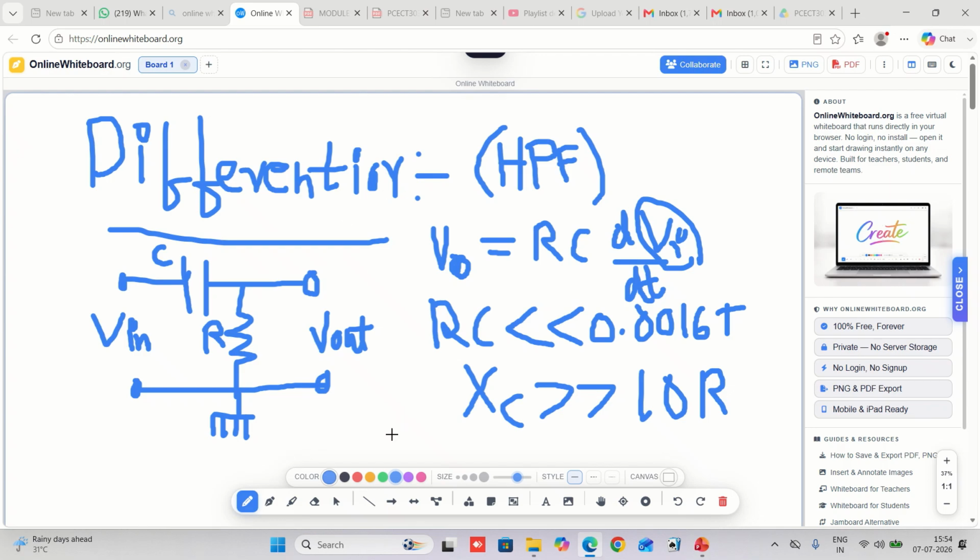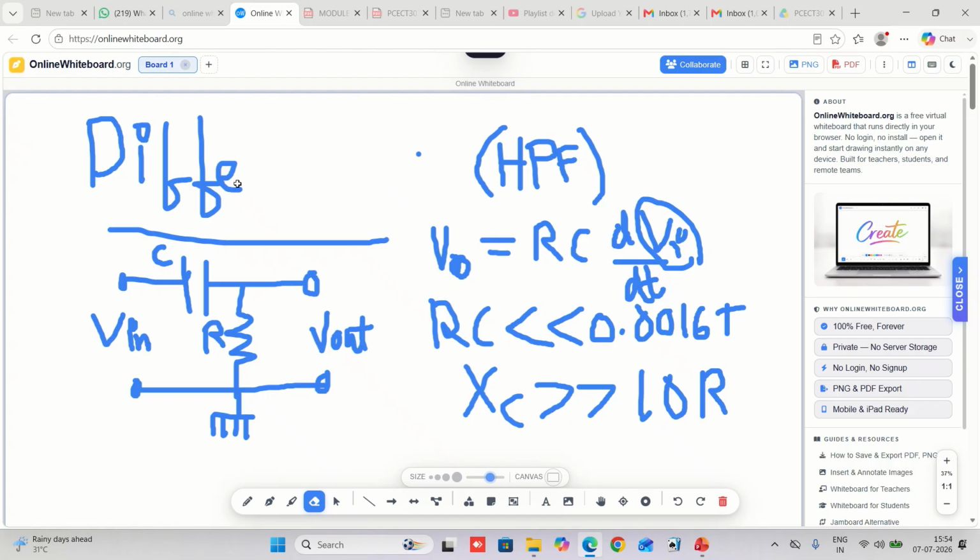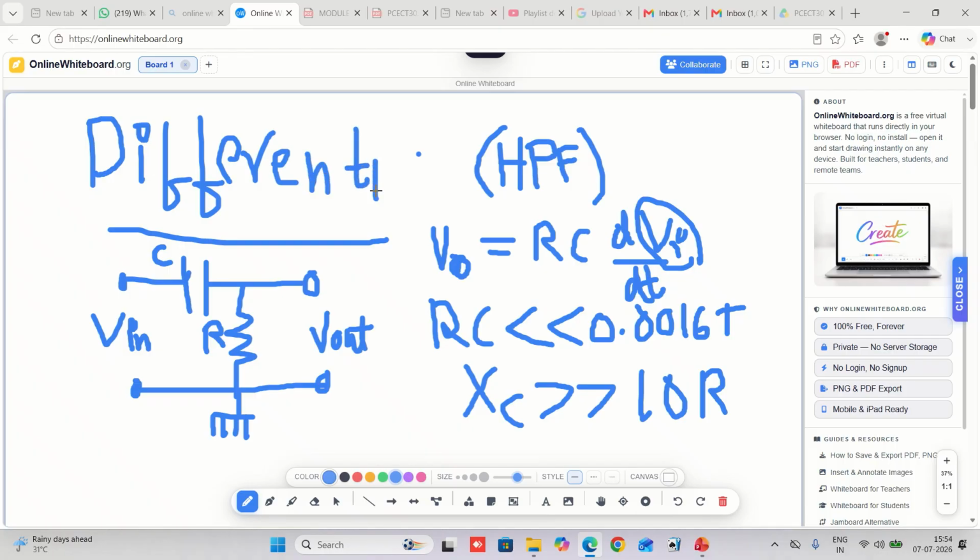We know that a differentiator circuit, that is the RC high pass filter, gives the mathematical operation of differentiation, which equivalently gives the filter response as high pass filtering action.